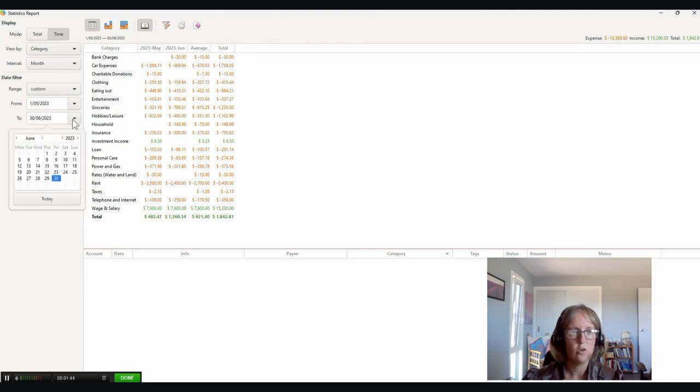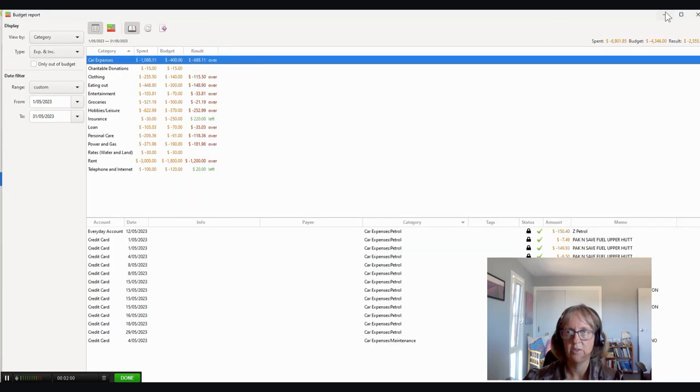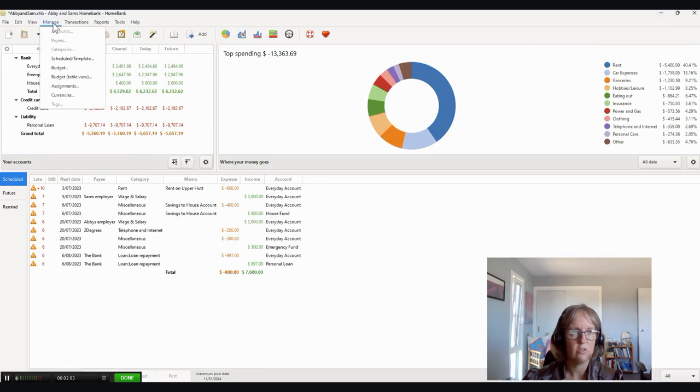Before, I had it all the way out to July, which meant that it was averaging over 3 months. We really only want to average it over the number of months we've got in already. So for groceries, the average is closer to $600, and car expenses are closer to $870. So let's show you how to make those adjustments.